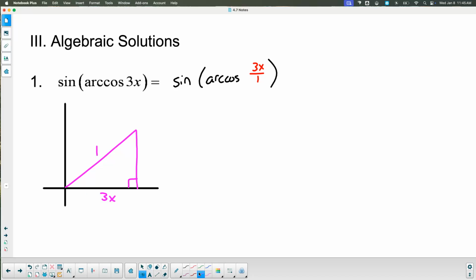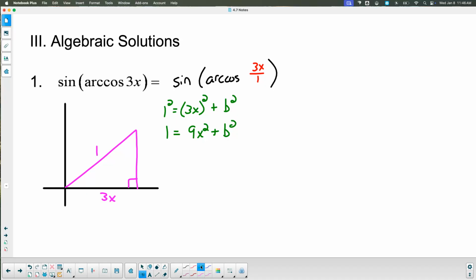Which means I've got to run a Pythagorean theorem, and I got 1 squared is equal to quantity 3x squared plus b squared. 1 squared is 1. Quantity 3x squared is 9x squared. So this is 1 equals 9x squared plus b squared.